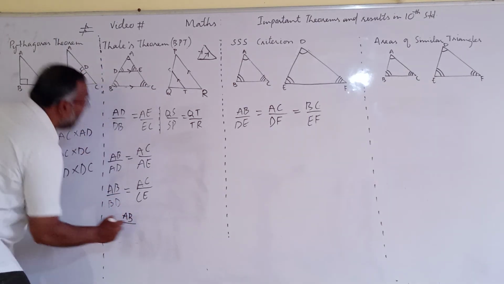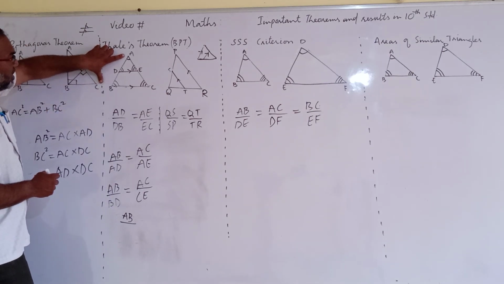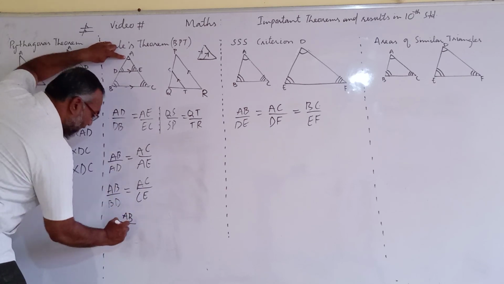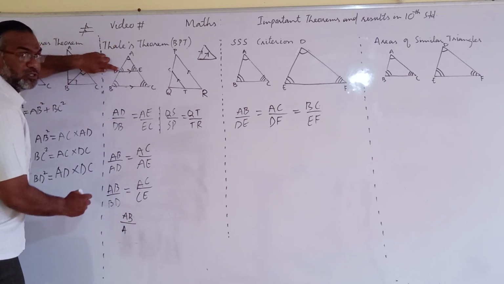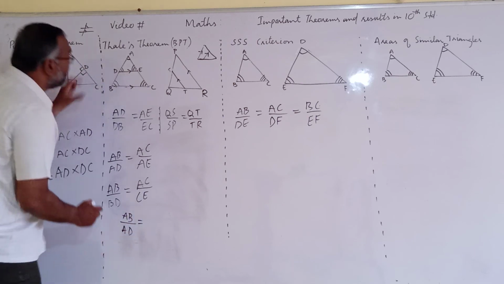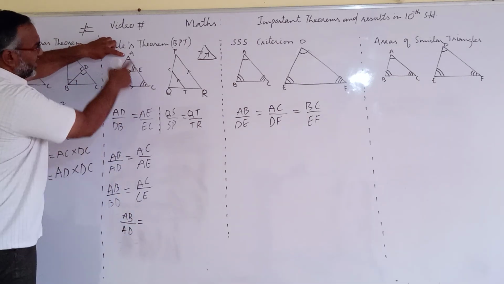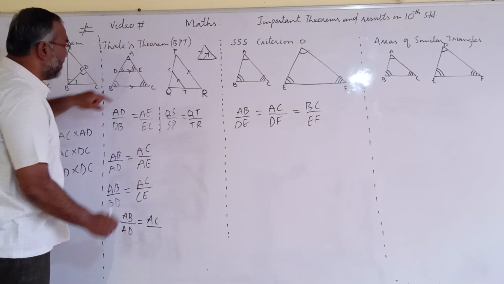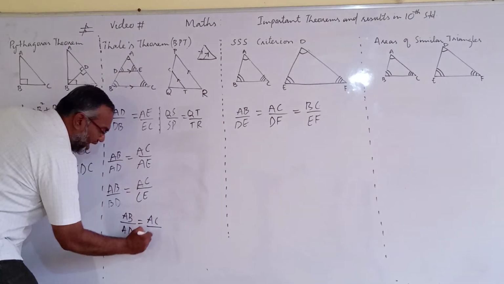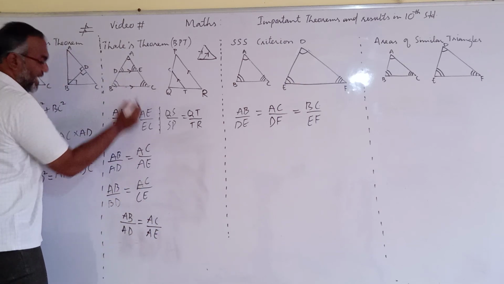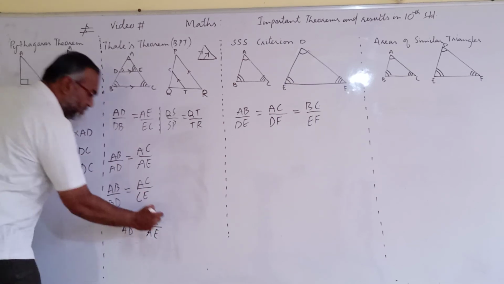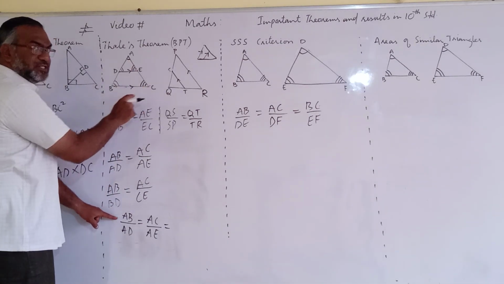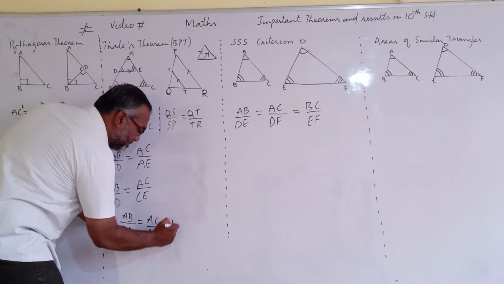AB divided by AB is the side of the big triangle, and the corresponding side is AD, because A is equal to A and angle B is equal to D. Take AC of the big triangle: AC divided by AC, here it will be the corresponding AE, because A is equal to A and C is equal to E. Then BC is left.